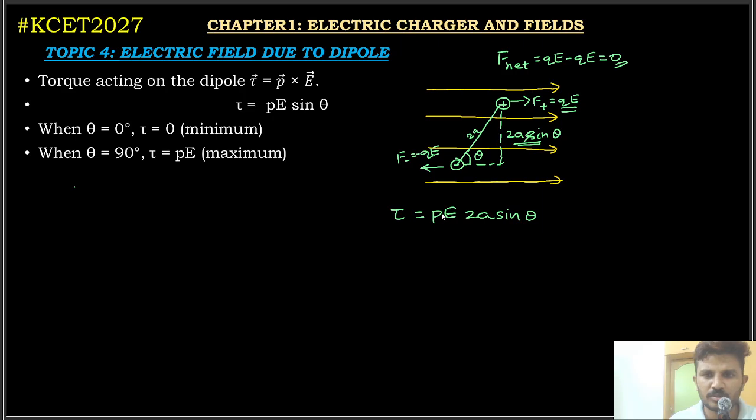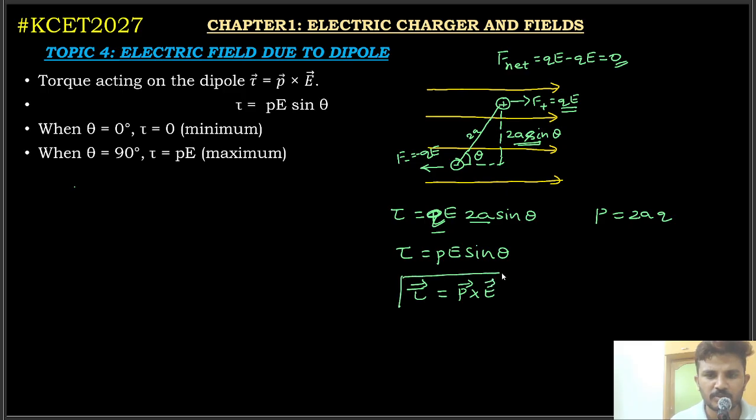Here, sorry, the force is not P, it is QE. What is 2a into Q? Dipole moment. That is P sin theta. Since we know that dipole moment is given by 2aq, in place of 2aq I'll write P. So this will be the torque, and in vector form it is written as P cross E.